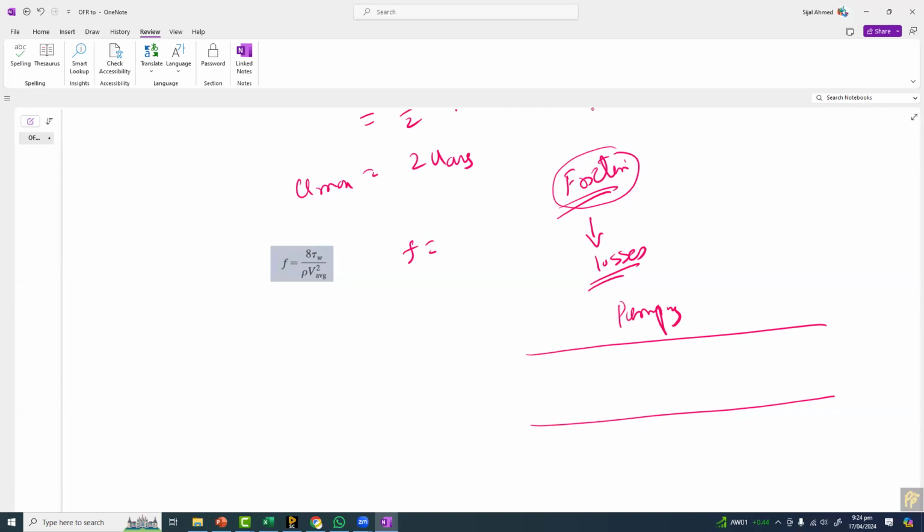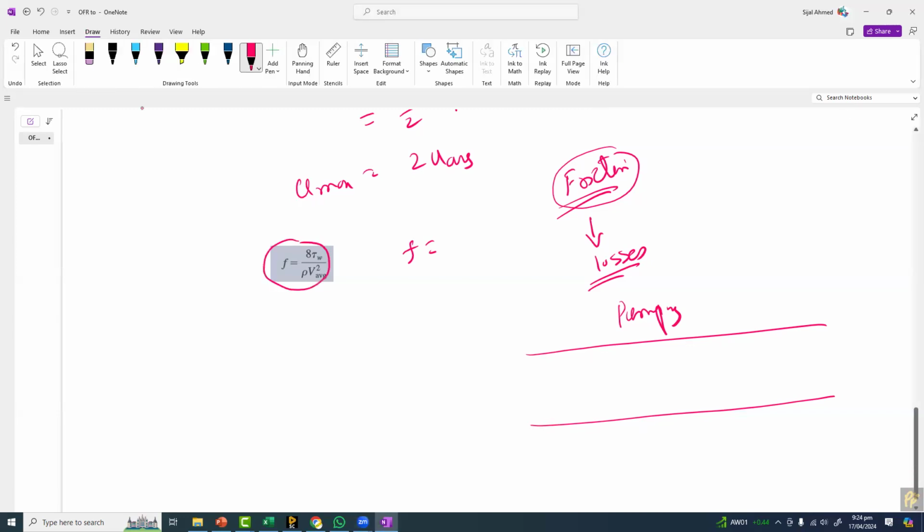Okay. So now this formula is the only one left that is not derived here. So we know that the CF is equal to the wall shear stress divided by 1/2 rho V square, or the U average square.